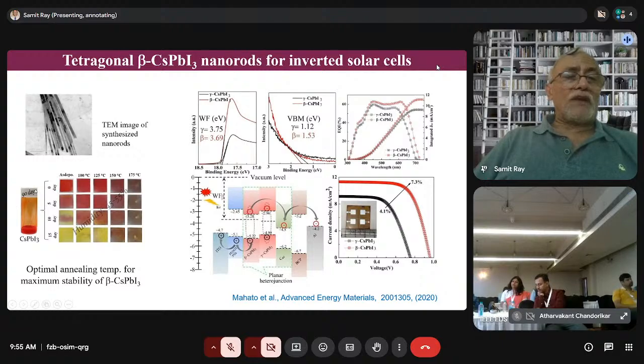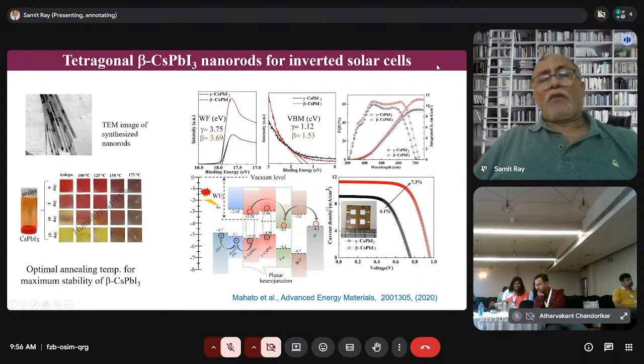The solution is stable up to 30 days in normal ambient without a glove box. And after we put the film at up to 175 degrees centigrade for 15 days, it was completely stable. This is beta phase cesium lead iodide.